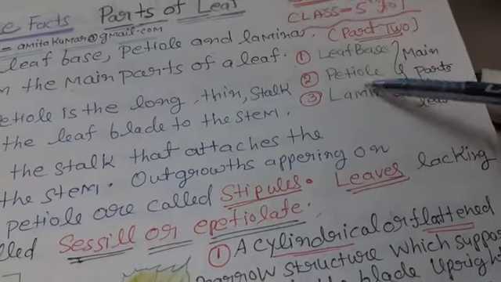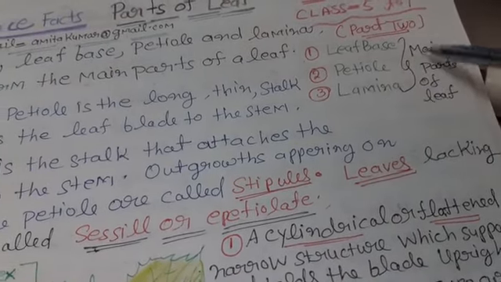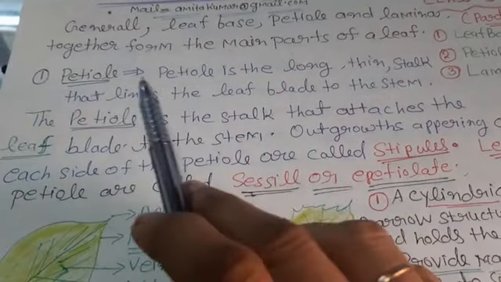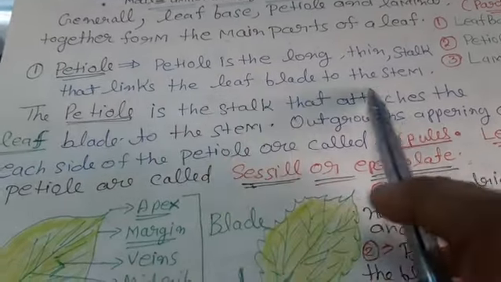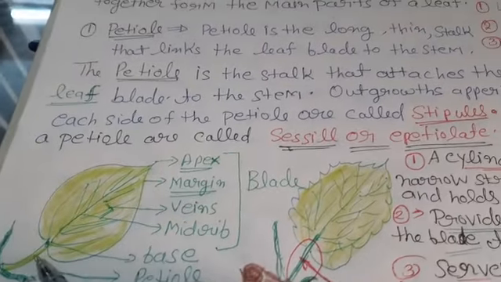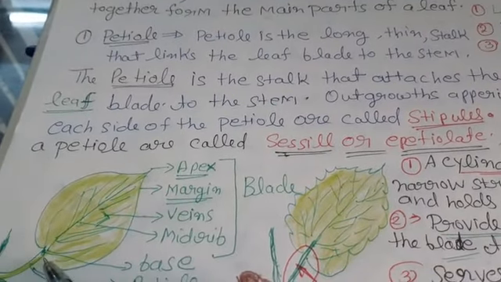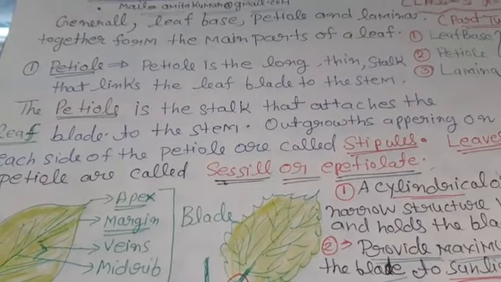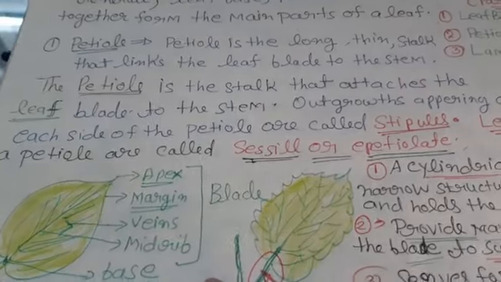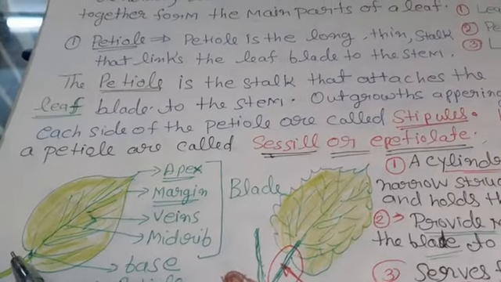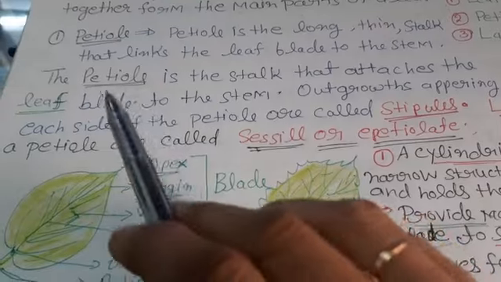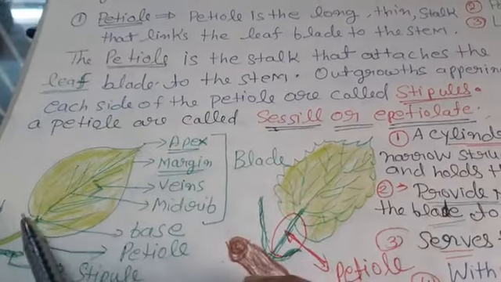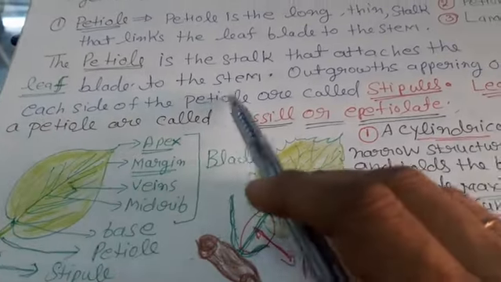Petiole is the long thin stalk that links the leaf blade to the stem. The petiole is the stalk that attaches the leaf blade to the stem.